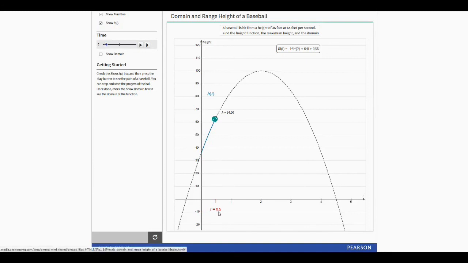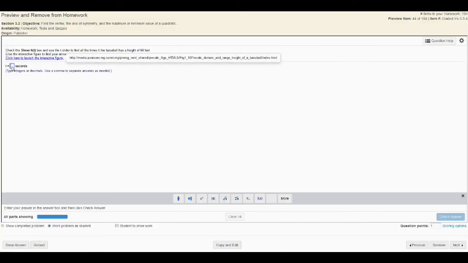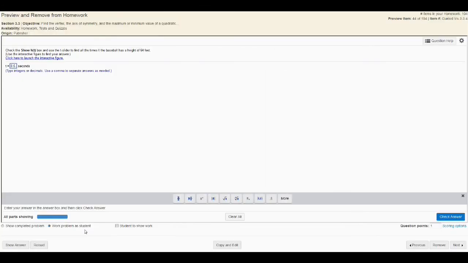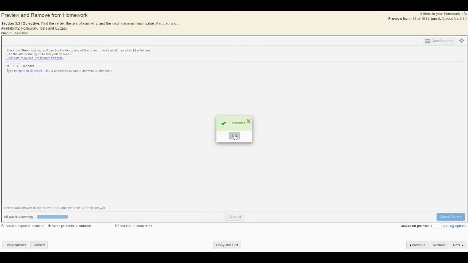So there's 0.5. So I'm going to go back over here, type in 0.5, comma. And then I'm going to drag it again until I get to 64 again. There it is, and that's 3.5. 3.5, enter. And that's that.